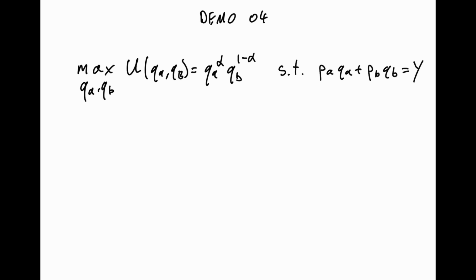And so because we've already gone through and solved this problem, we're just going to jump ahead to the demand equations. So we have QA star, and we've already found that it's equal to alpha times y over PA. And symmetrically for B, we have 1 minus alpha times y over PB.